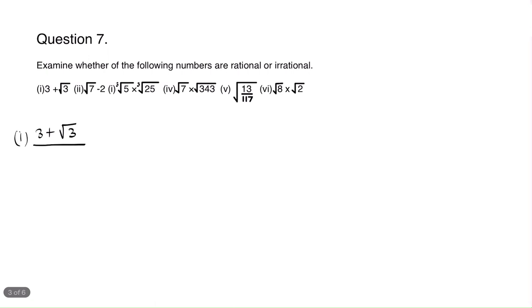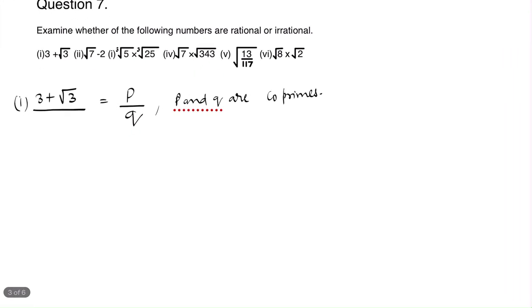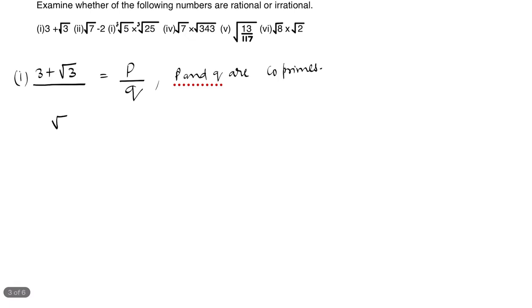So if it is a rational number, then we can write it in the form of p upon q, where p and q are co-primes. Okay. Now root 3 is equal to p upon q, and this will come here with minus 3.